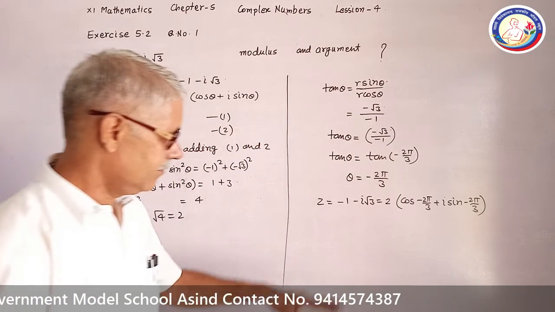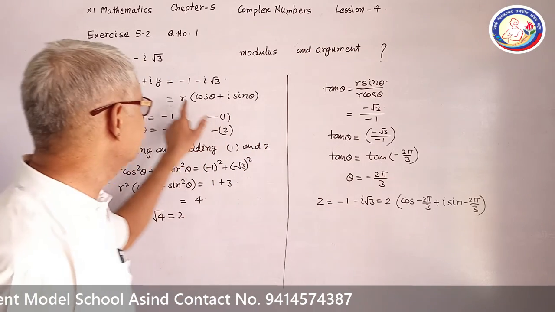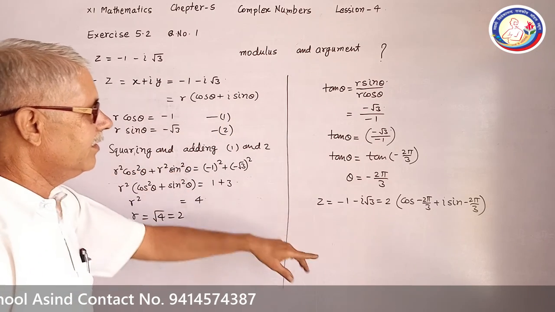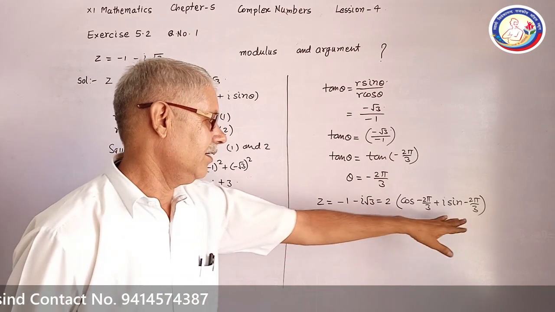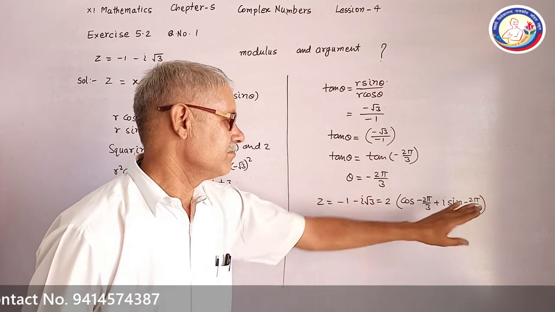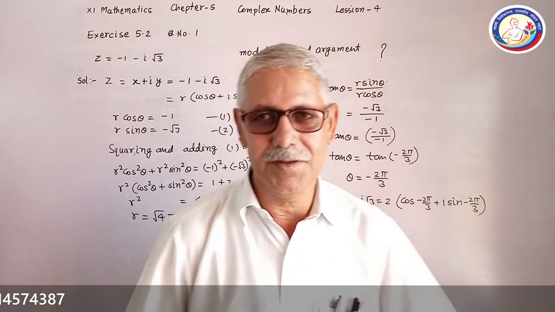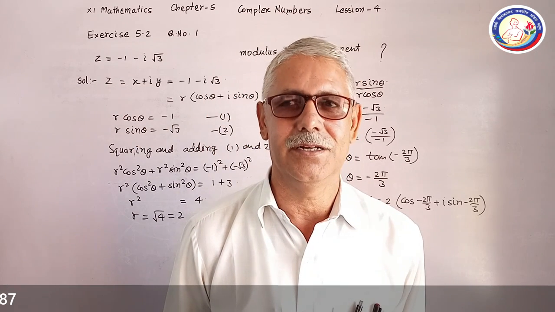So by changing this x plus iota y form into polar form, we can find the modulus and also the argument here. That's all. We will continue it in the next lesson. Thank you.